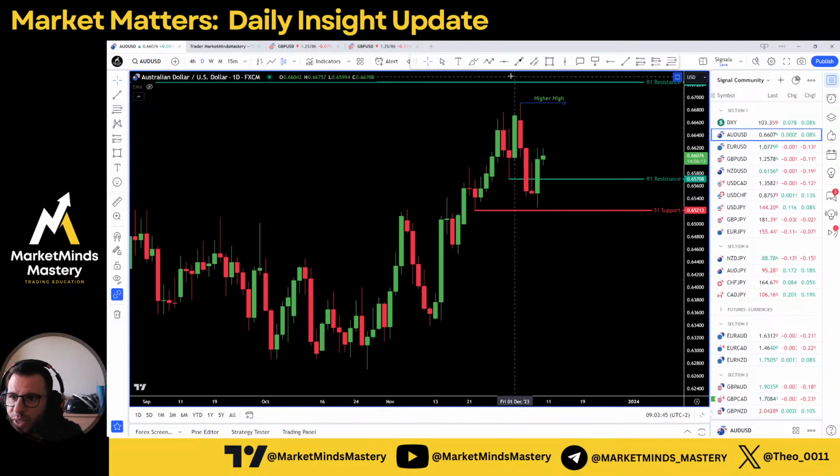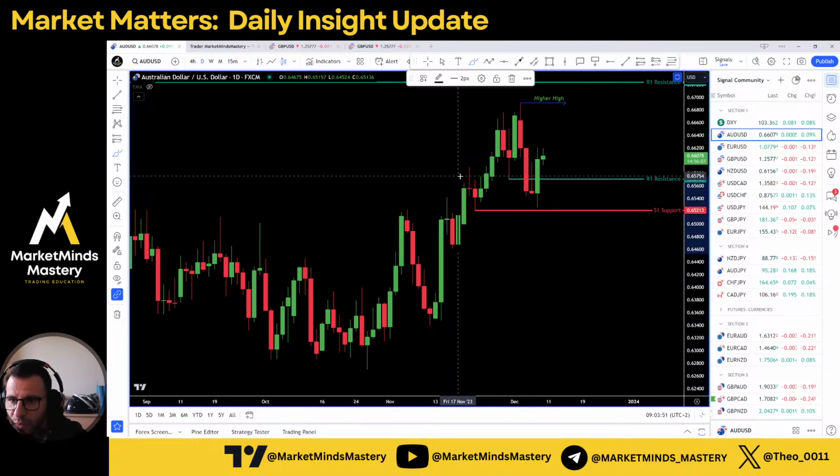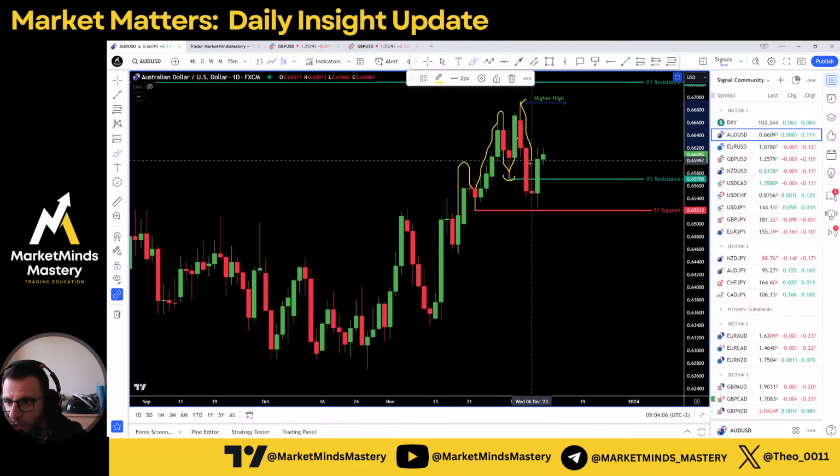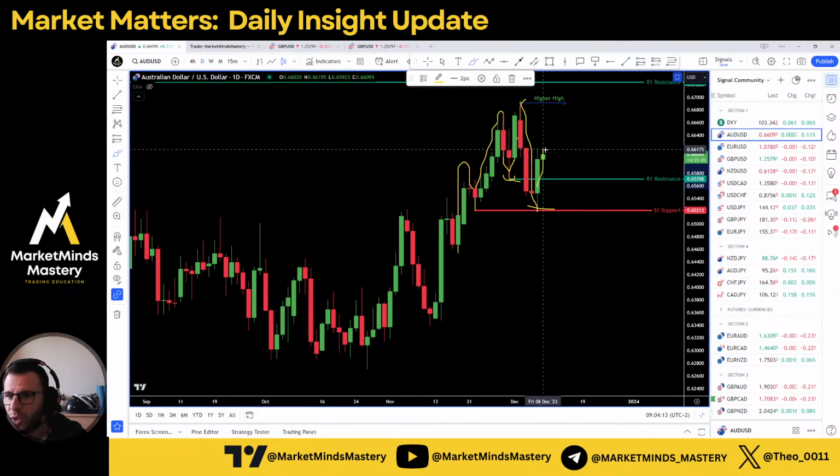So from this point here, the price changed color and moved like this, making higher highs. Here a higher high, that was the swing. Price made a failure swing at this point and printed a bullish engulfing candle.